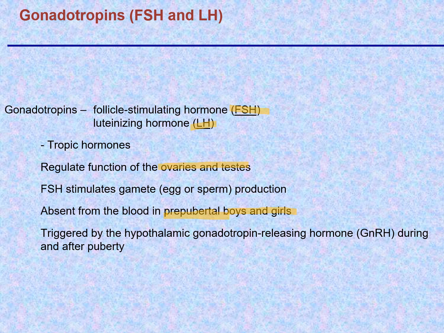so you won't find follicle stimulating hormone in a prepubertal child. And again, it's under the control of the hypothalamus, and the releasing hormone is called gonadotropin releasing hormone. And this hypothalamic release of gonadotropin releasing hormone will occur during and after puberty.